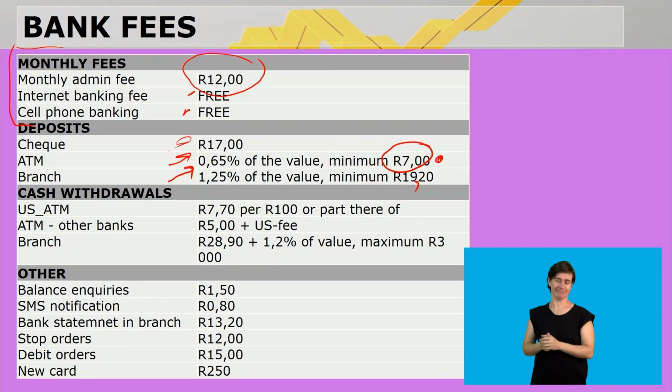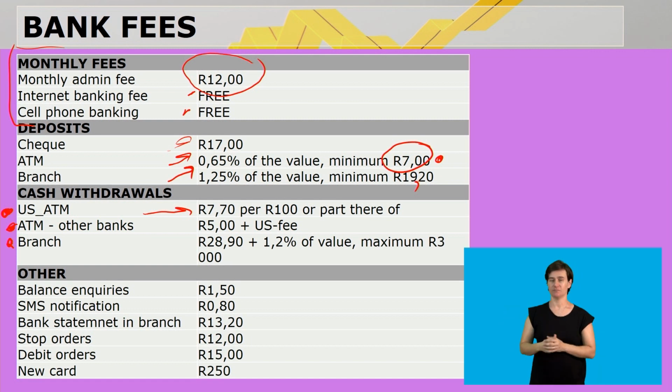And then when it gets to cash withdrawals, you can either use an ATM of your own, that's why it's called Us Bank. Then you can use the ATM of other banks, and you can also go into the branch. If you use your own bank to withdraw, it will be cheaper than when you use other ATMs from other banks.